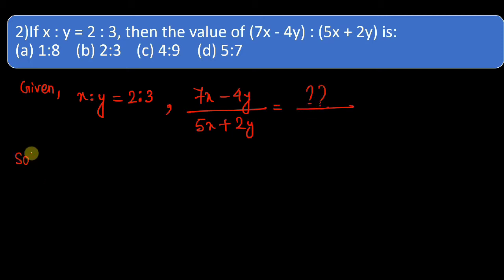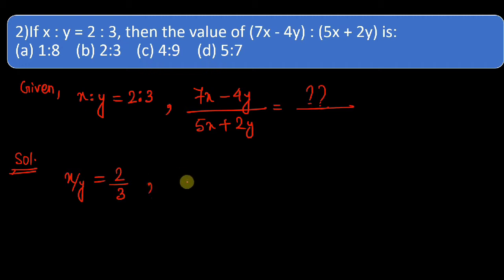Now, how will you approach this one? This is an important sum. You just need to write the question, find the values, and do the sums in the stipulated time, in the right manner. So x by y can be written as 2 by 3.